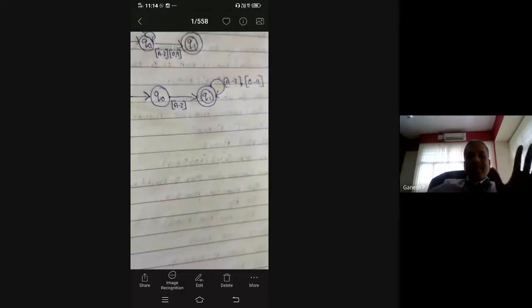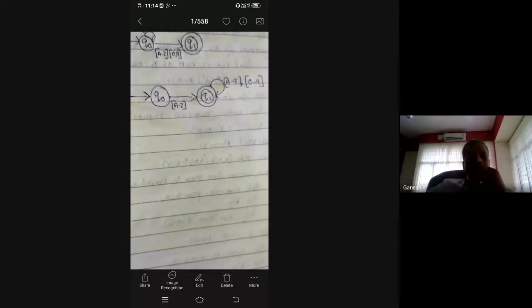So this diagram is a perfect diagram for the given input. The self loop is now in the second, that is the final state, but not in the initial state. This is the best and most efficient diagram for the given requirement of an identifier that begins with a letter followed by a sequence of letters or digits.